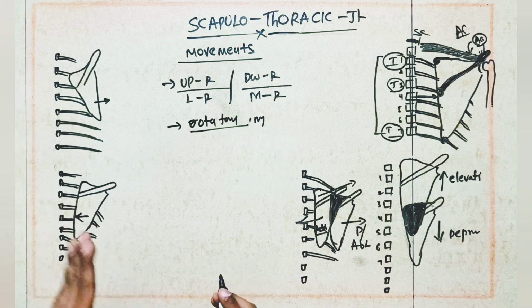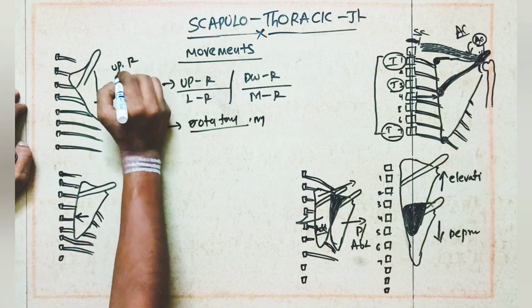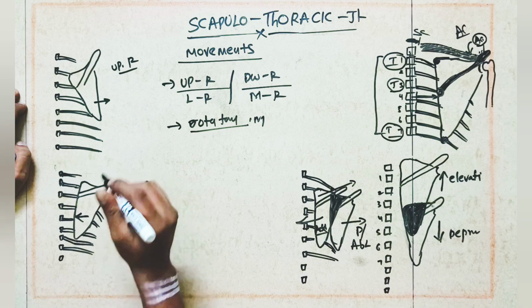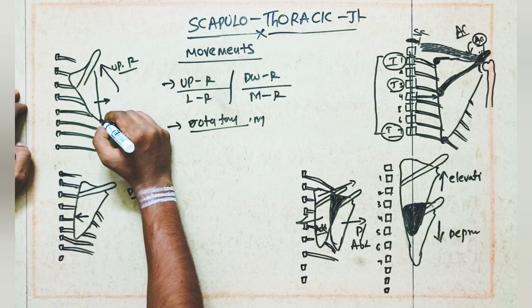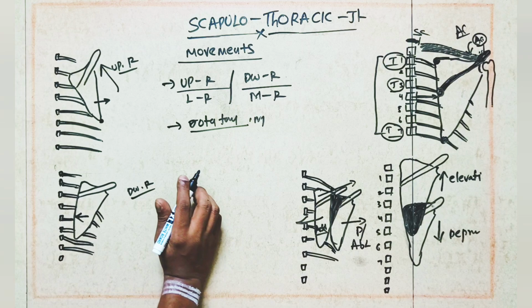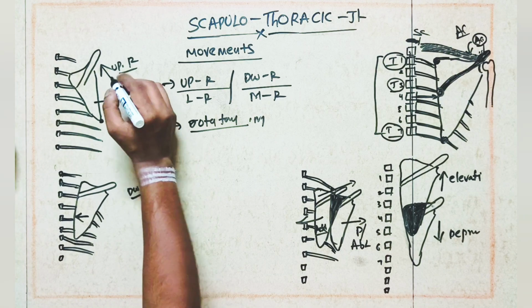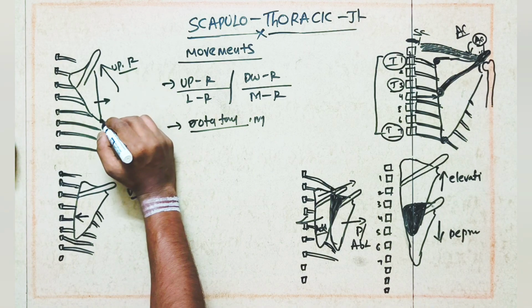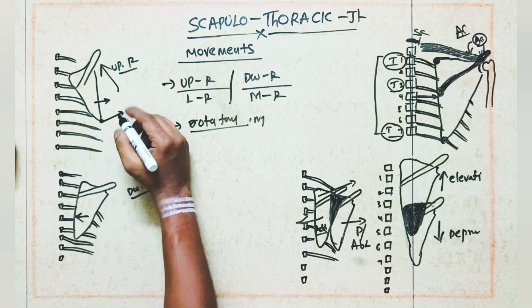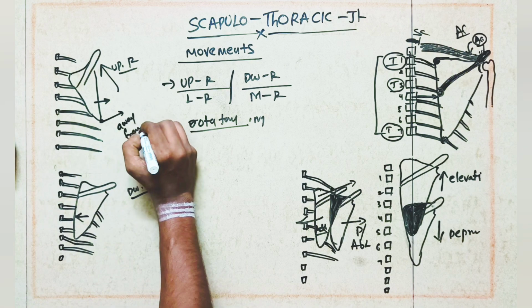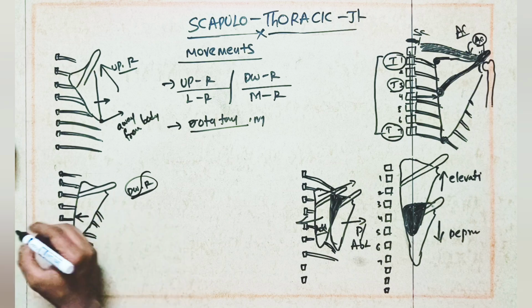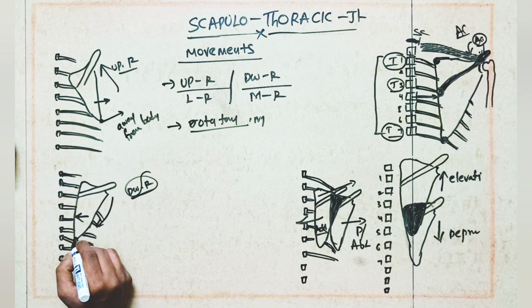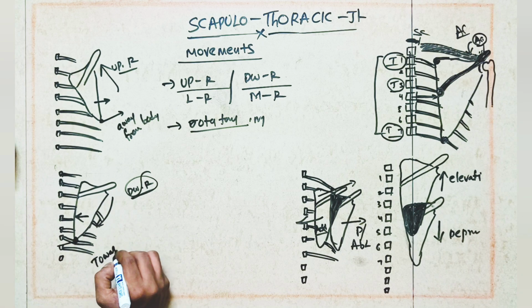When we do upward rotation, the scapula moves upward, so the inferior angle moves away from the body. If we do downward rotation, the scapula moves in this direction, so the inferior angle of the scapula moves towards the body.